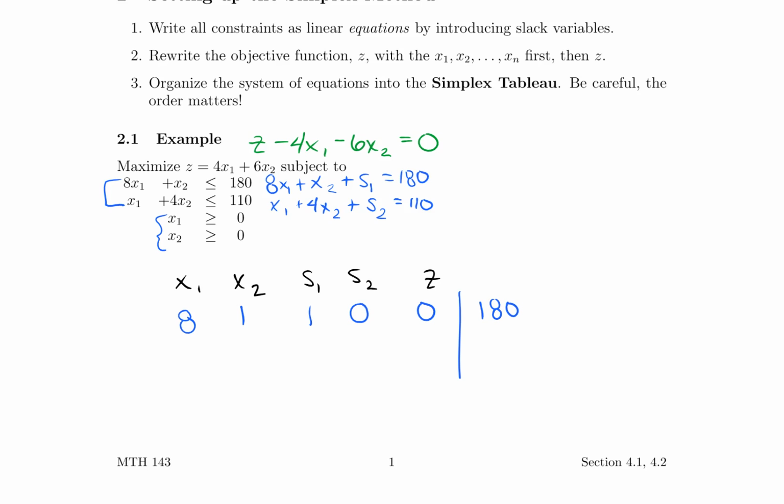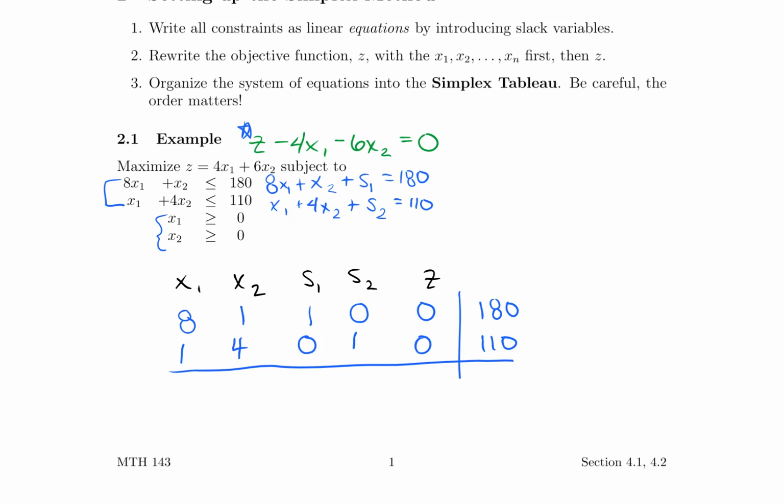Now we'll do the second constraint. We have 1 x1, we have 4 x2s, we don't have any slack 1, but we do have a slack 2, and we have no z. And our constant is 110. So we've represented the constraints. We don't have to put anything for the non-negative conditions. And then we'll use a horizontal line to indicate that the bottom row is going to be given by the objective function.